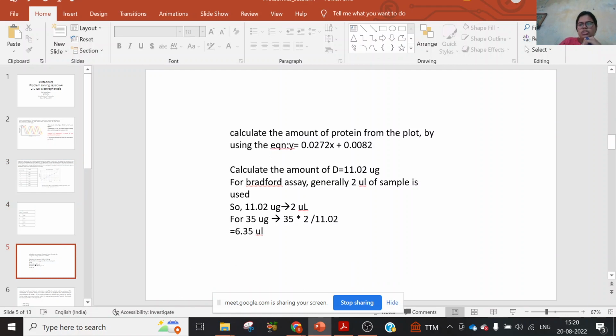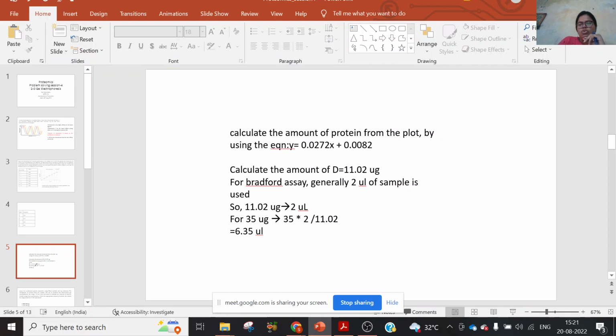First of all, you need to calculate the amount of protein D. Using this equation, you can calculate this value and you will get 11.02 microgram, which is the amount of protein D. Now, for Bradford assay, generally you are using 2 microliter of sample for your assay. So when you are using 2 microliter of sample, this is the amount of protein present in the sample.